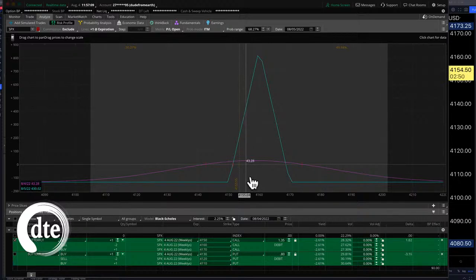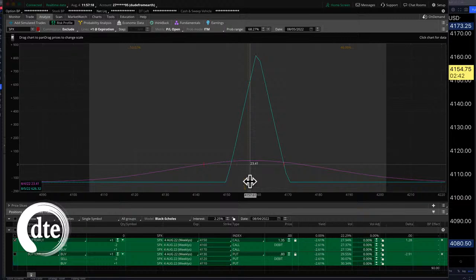So ideally, I'd like to be somewhere near 160, because if I closed at, say, 157, right there about, then this trade would return $581.